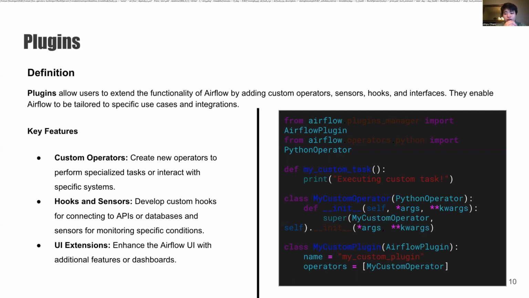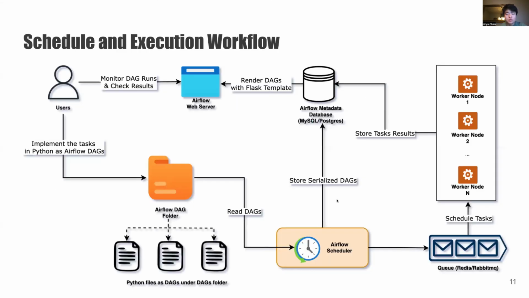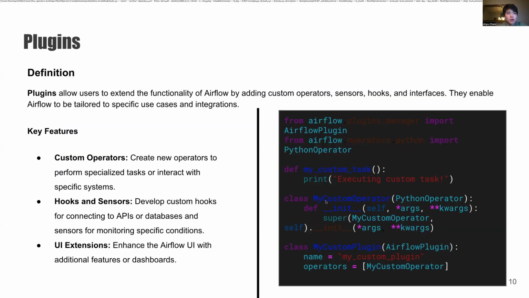So this is the high-level code example here. In my custom operator, I inherit from the Python operator with its initializer, and then I work with my own initializer.